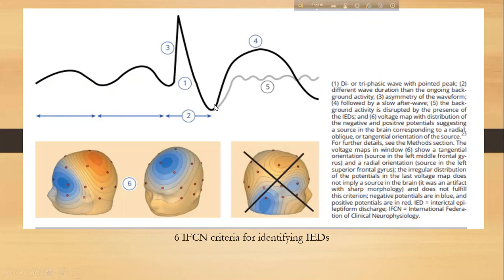One limb should be steeper than the other limb. And number 4, there should be an aftergoing slow wave, and the background activity is disrupted. This is number 5. And number 6 criteria came from the voltage map or common average referential voltage, and it should suggest the electrical activity came from the brain, the source is from the brain.